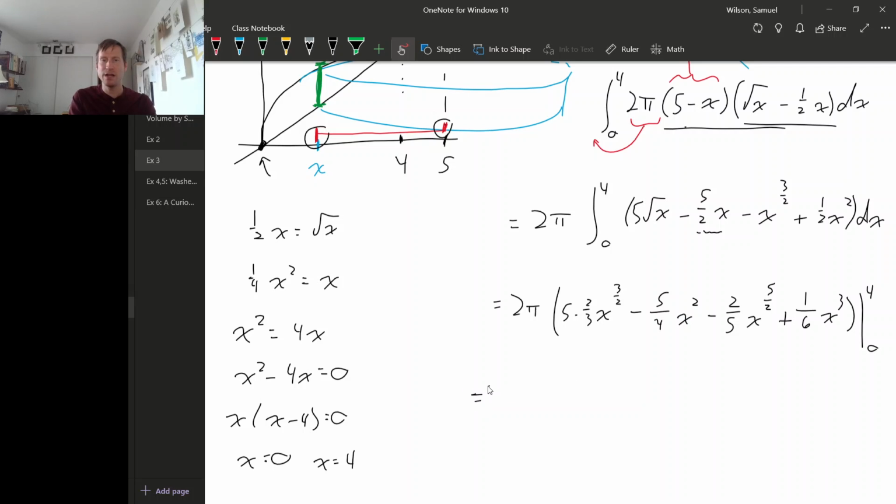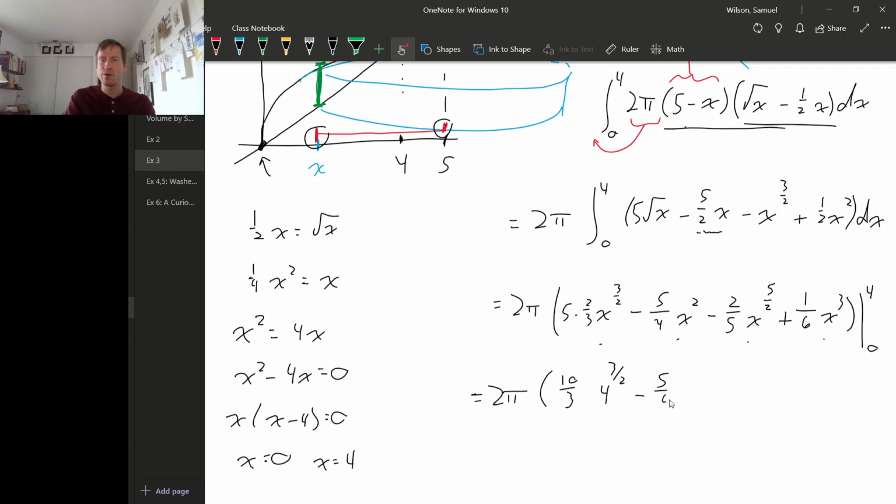All right, now we just need to plug everything in. Notice that for each of these terms, when we plug in the bottom bound, each of these terms will give us 0. So plugging in the bottom bound will just give us a 0. So we really just need the top bound here. So plugging in the top bound, we get, let's see, 5 times 2/3 is 10/3 times 4 to the 3 halves. We'll have to evaluate that later.